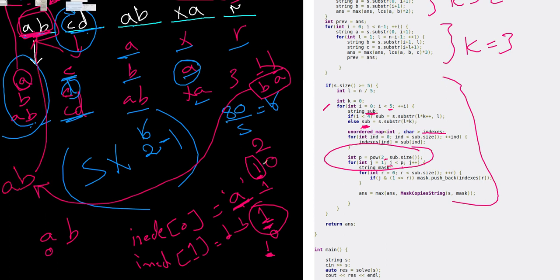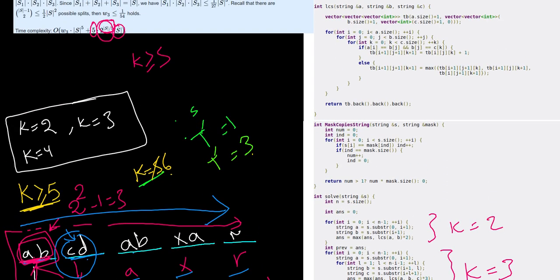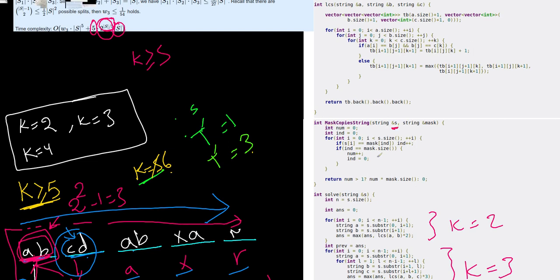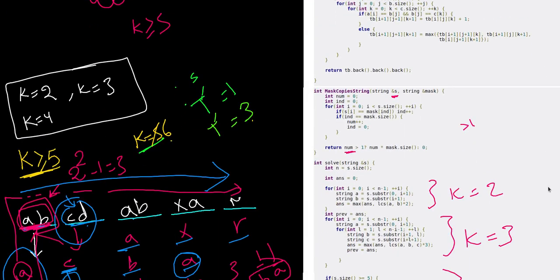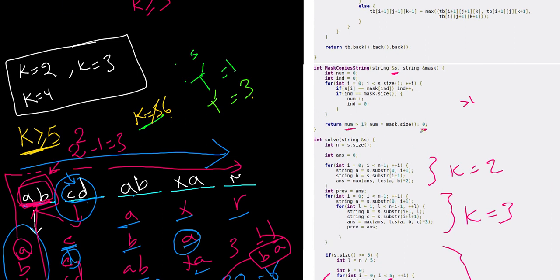So mask is this string calculated, which is the combination, and for every combination we search the whole string for how many copies in the whole string, and if the number of copies is greater than 1, because in the question k must be greater than or equal to 2. If it's 1, we return 0, otherwise we return the number of copies multiplied by the length of the mask.